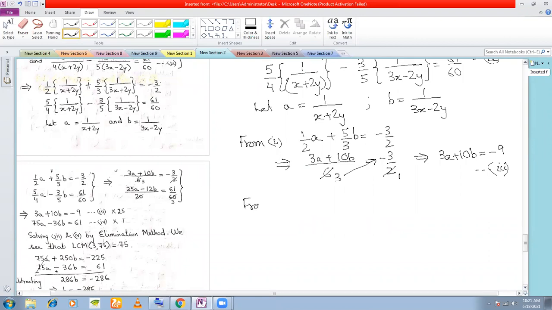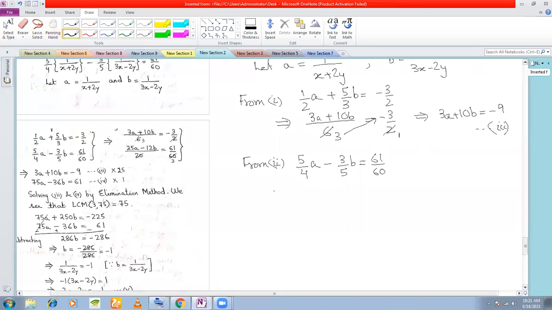Now from 2, if you put a = 1 by (x + 2y), you get 5 by 4 a minus 3 by 5 b is equal to 61 by 60. Again you take the LCM and simplify. The LCM of 4 and 5 is 20, so this is 25a minus 12b over 20 is equal to 61 by 60.